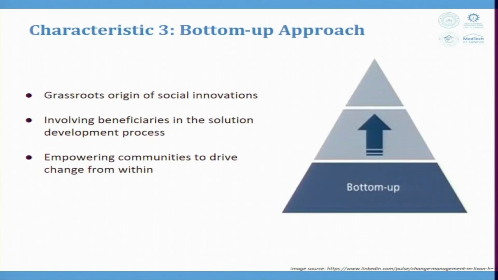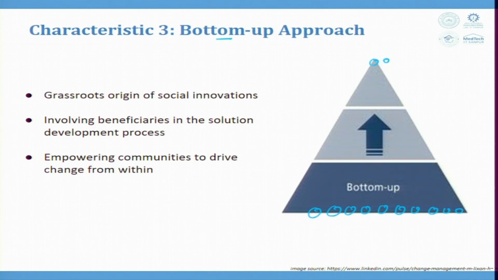The third one is bottom-up approach. Bottom-up approach is where there is a need, you have identified the need, based on the need you start developing towards a solution, rather than developing the solution which you keep pushing down. So, bottom-up approach means here we use a lot of grassroots innovators, understand the unmet need and then help them financially, with ecosystem and technology in developing products such that these products are sustainable.